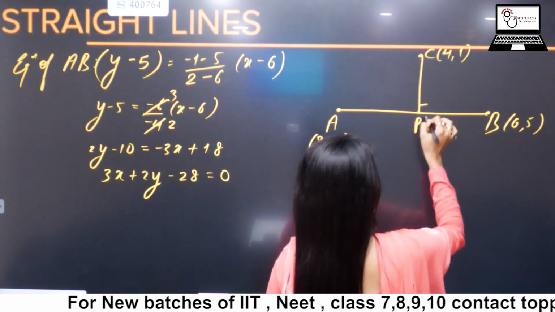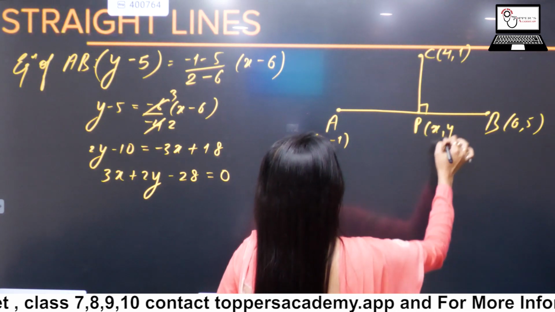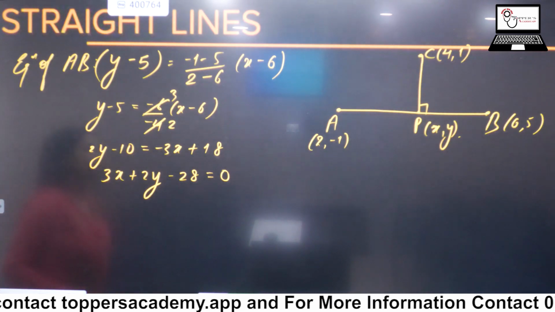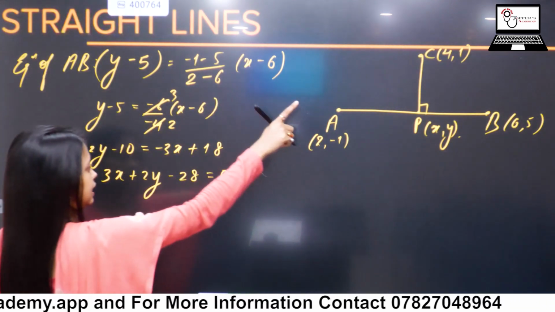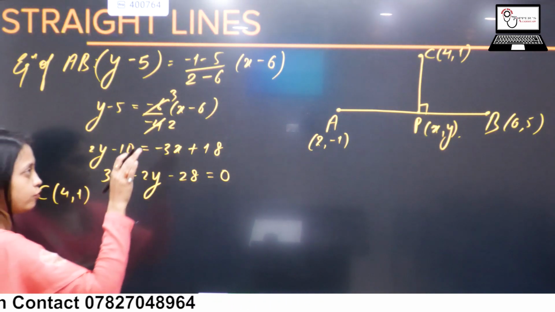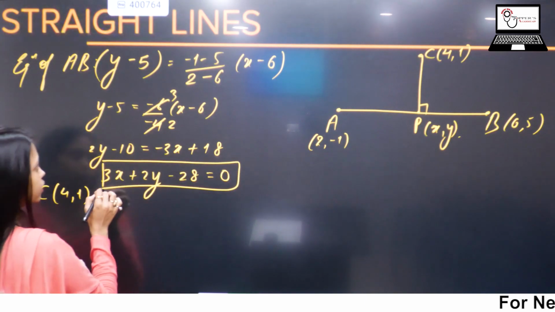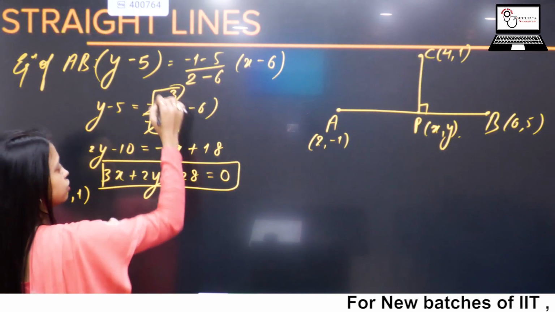This is P, and this we don't know so far, we have to find this x y. From C I have a point on that line. I want to find the slope. For that, what is the slope of AB? From this equation you can see it's just 3 by 2.